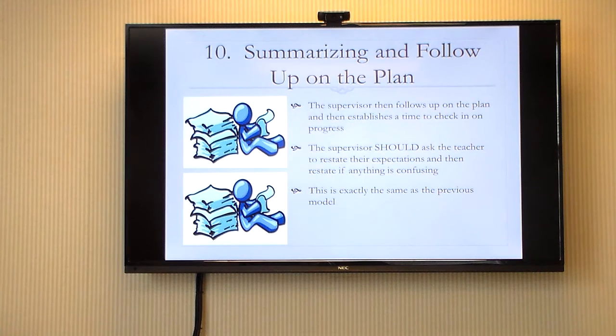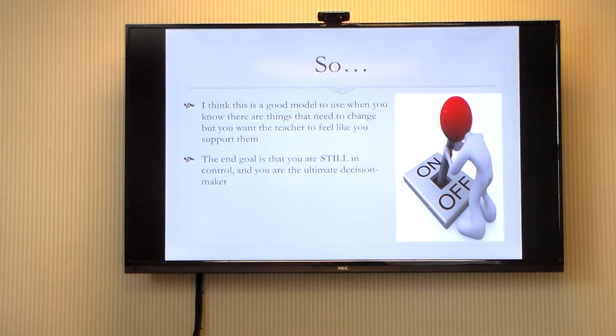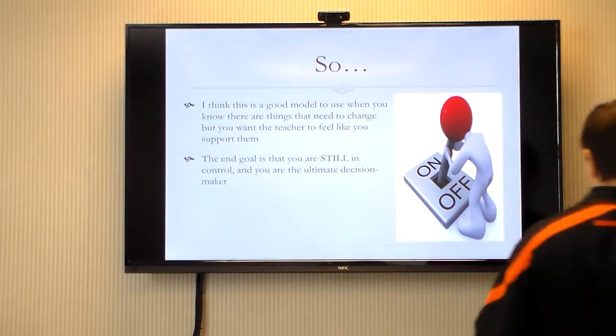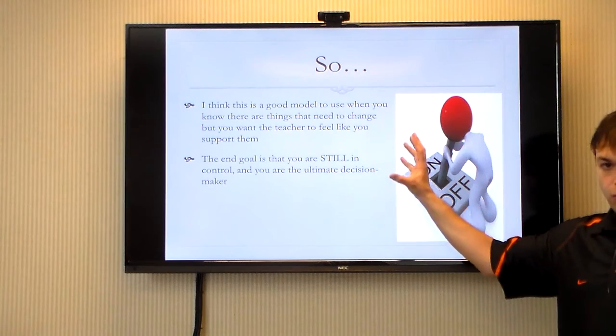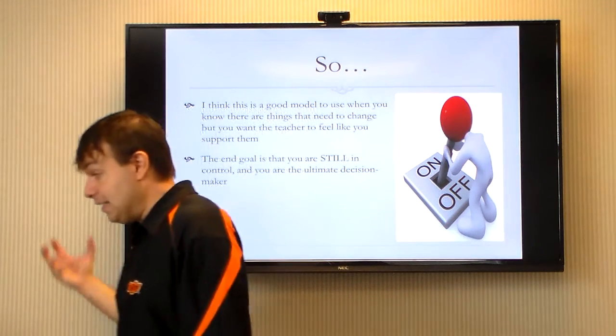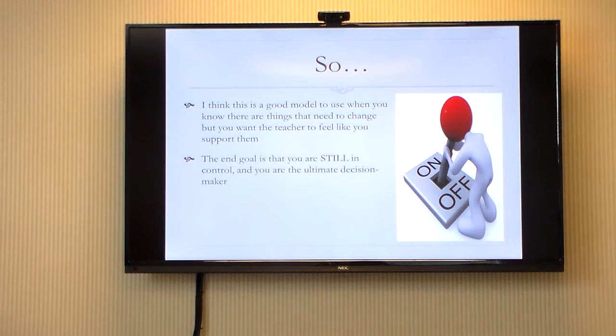The teacher restates the plan to the supervisor so that they understand it, and it's the same as in the previous model. It's a good model to use when you know there are things you need to change and you want the teacher to feel like you support them, but it gives the teacher more choice. You, as the supervisor, are still in control and you make the ultimate decisions, which is a big idea, and I can't say enough how much I think that matters in this situation.